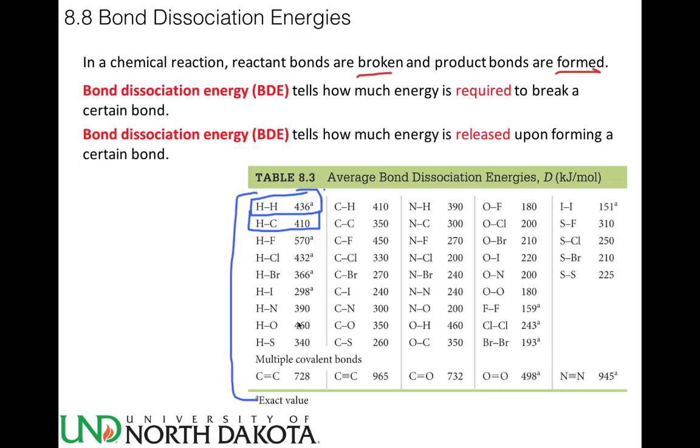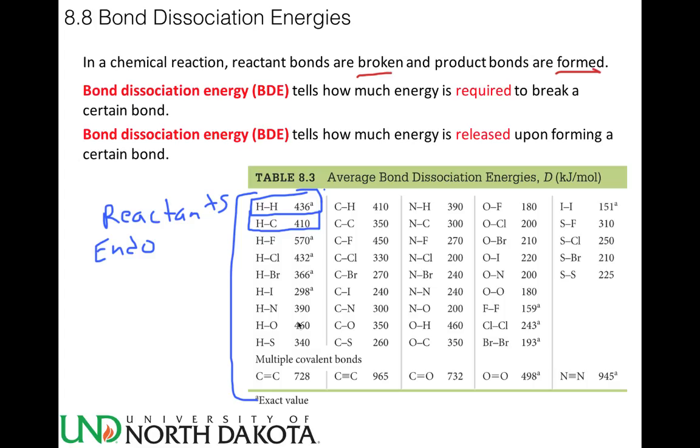Because reactant bonds are broken, and to break a bond requires the input of energy, these bond dissociation energies tell us how much energy needs to be input to break a reactant bond. And so reactants have a positive bond dissociation energy, meaning they are endothermic.